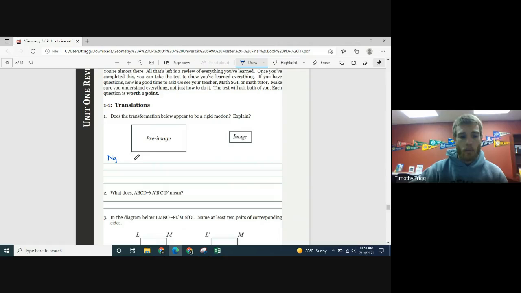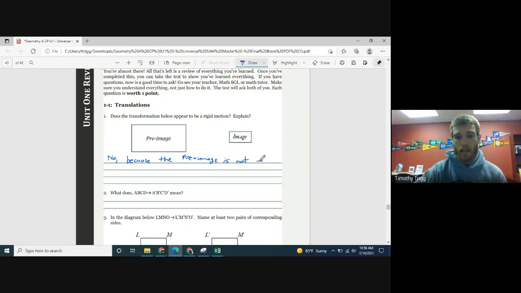And the reason why is because the pre-image is not congruent.